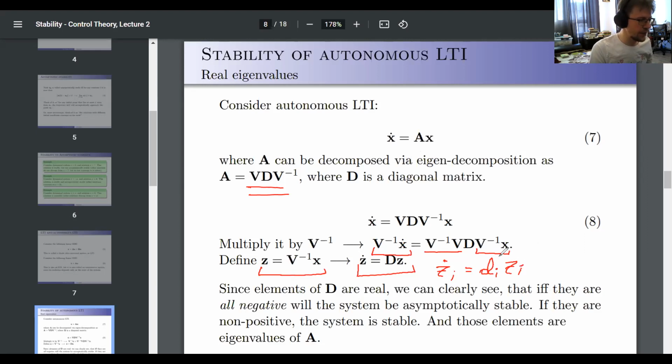All right. So this expression here is actually going to be stable if and only if each individual ODE is stable, right? If at least one of those ODEs diverges, the whole system is going to diverge, right?